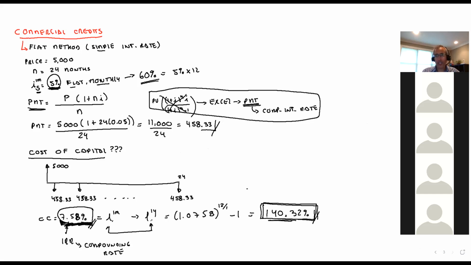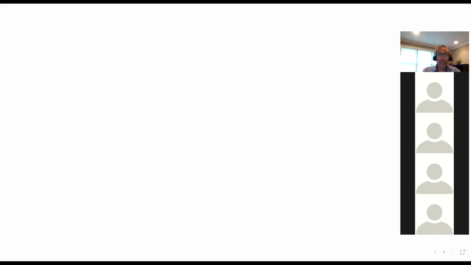Okay, now let's go to another trick. And this is crucial to compare projects or to compare products. So imagine, guys, that you have two stores, store one, and then another store here, store two.